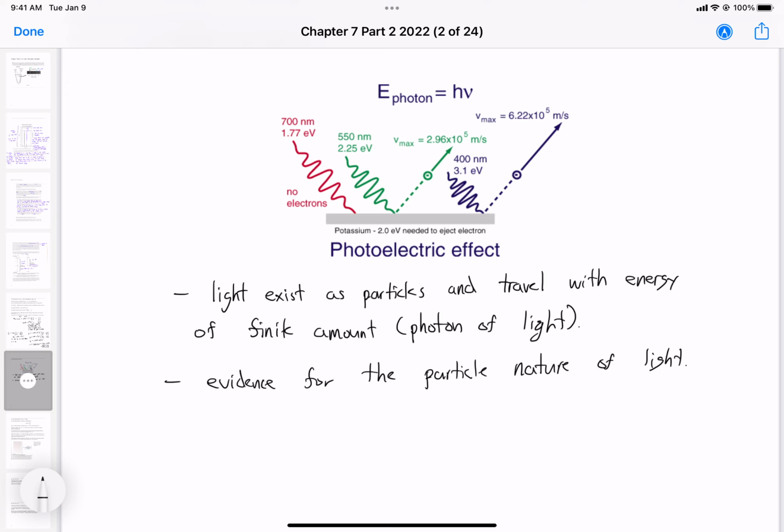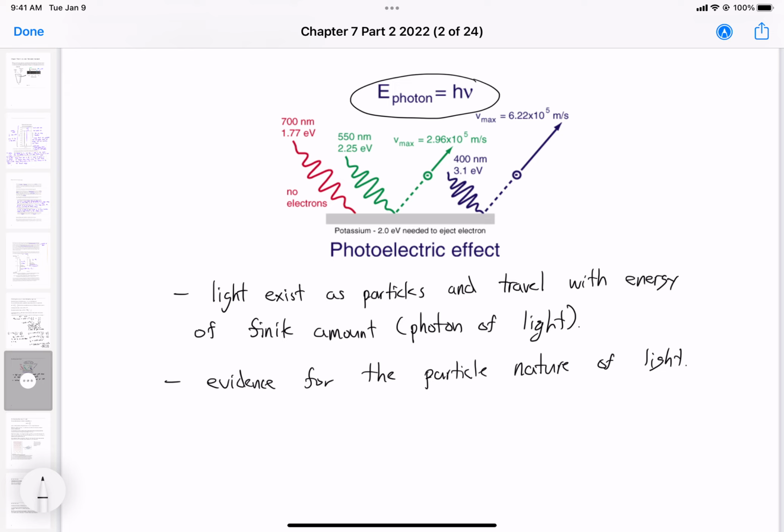Okay, so the photoelectric effect is where we shine light on the metal, and then we observe the electrons that get emitted, and only a certain amount of photon energy will be enough to eject the electron.